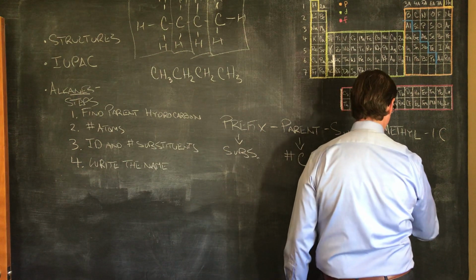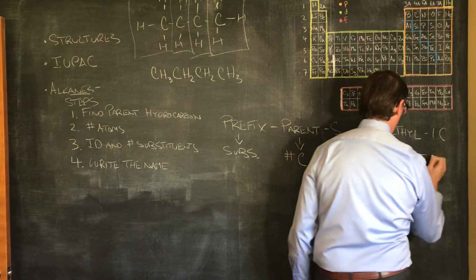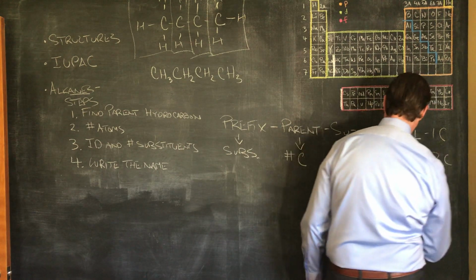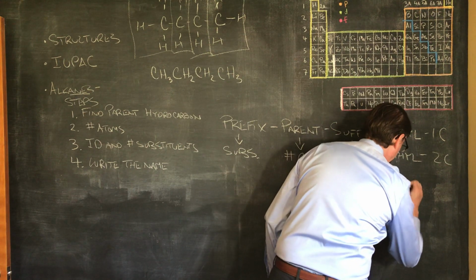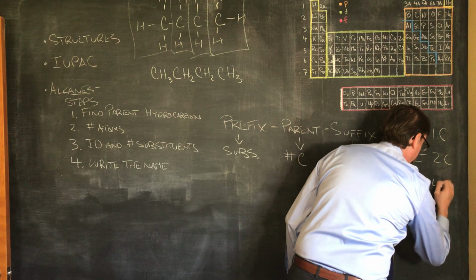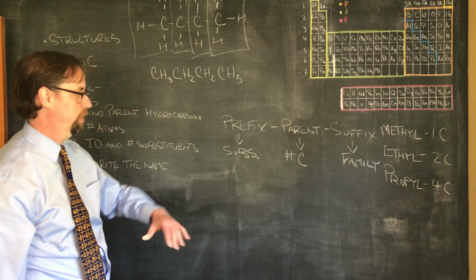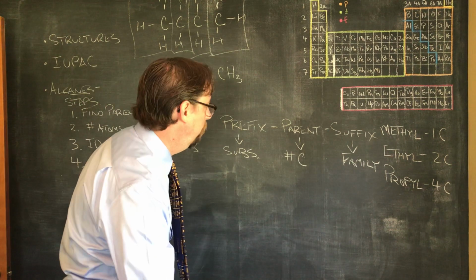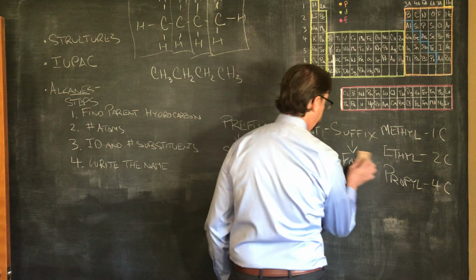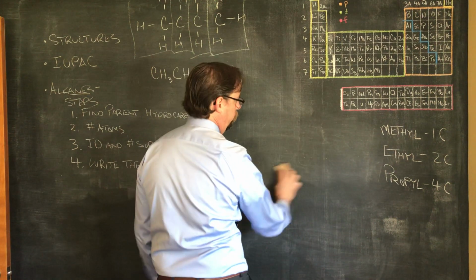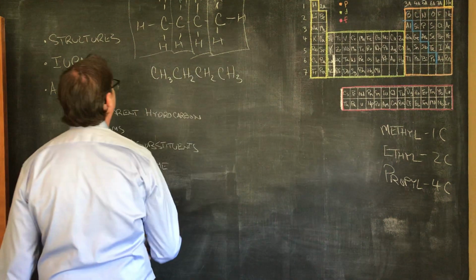Ethyl, so we've got this YL part of that, is a 2 carbon branch. Propyl is a 3 carbon branch, and there's butyl, etc. But usually those 3 are what we're going to start with. We just take the family name and put that YL ending there to get our branches. So we'll leave our branches over there.